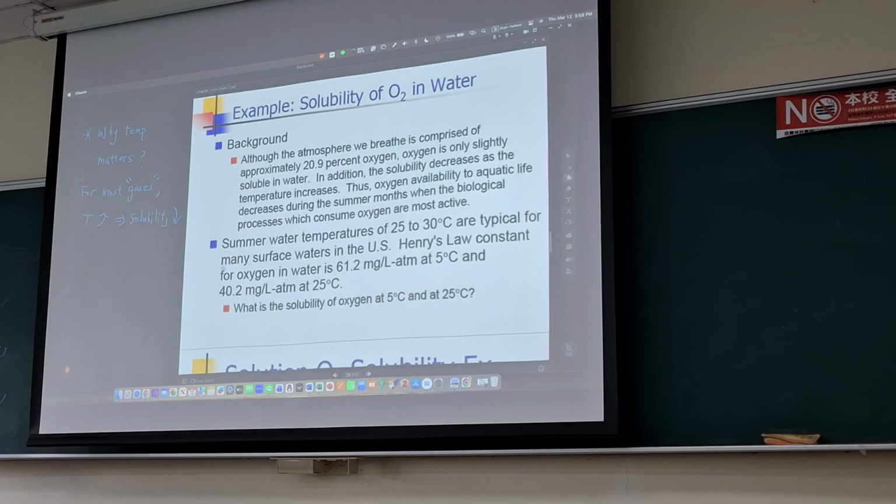In addition, everyone please highlight this, this is what I mentioned: the solubility of oxygen decreases as the temperature increases. Thus, oxygen available to aquatic life decreases during the summer.